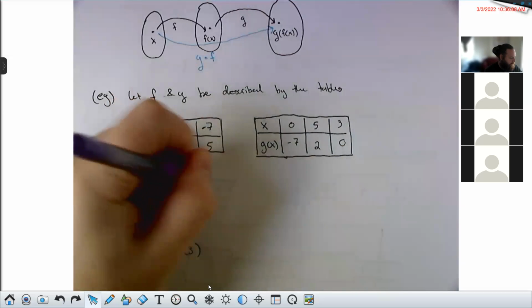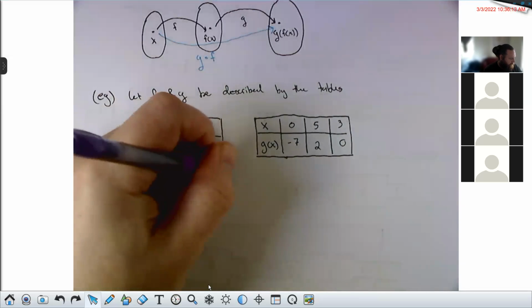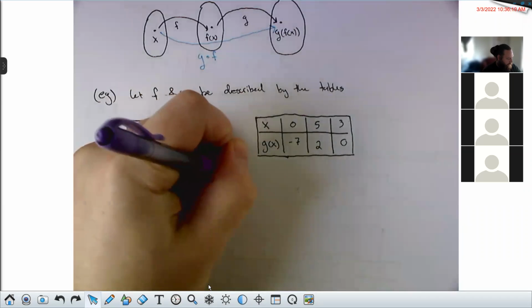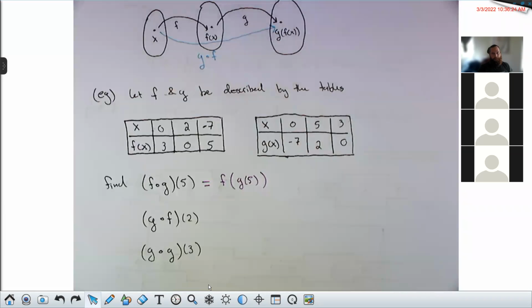Which is I think what you mean by that. So if I break this out using the definition, f circ g of 5 is by definition f of g of 5. And then, like the previous examples, we need to work from the inside out. I can't possibly say what f of g of 5 is without knowing what g of 5 is. So what is g of 5?